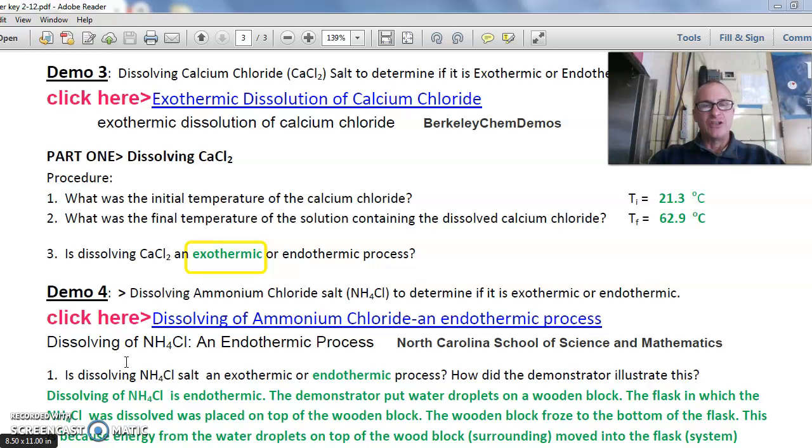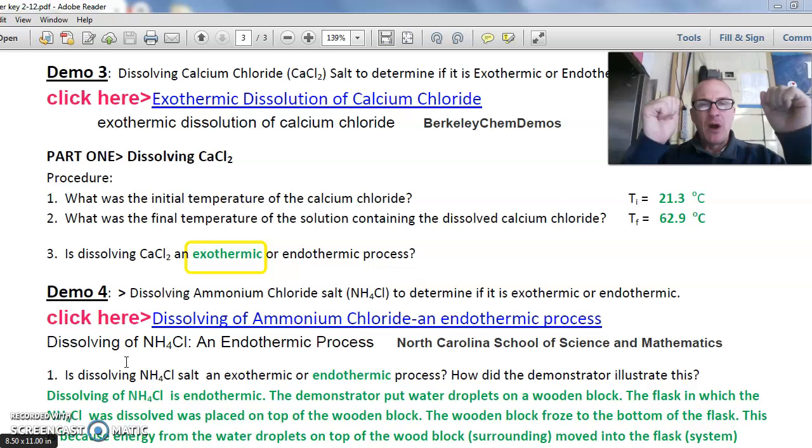That attraction, called solvation, releases energy. That process is exothermic. So endo to pull it apart, exo as the ions are attracted to water molecules.